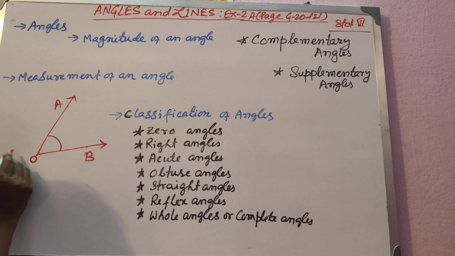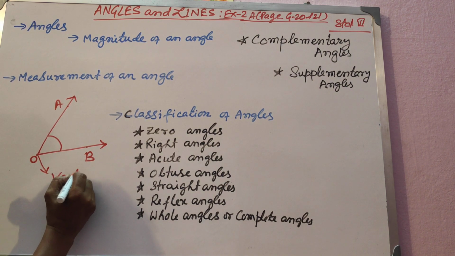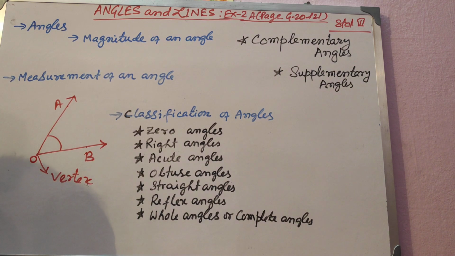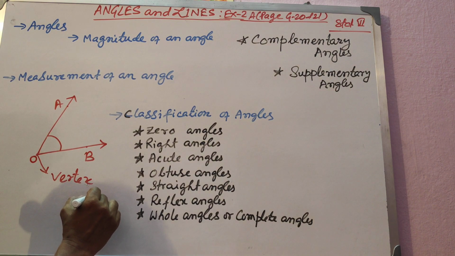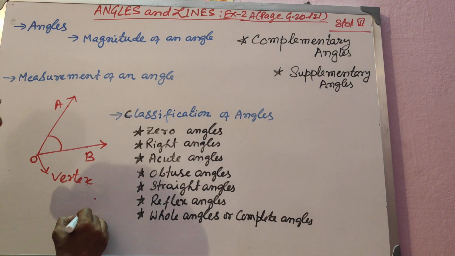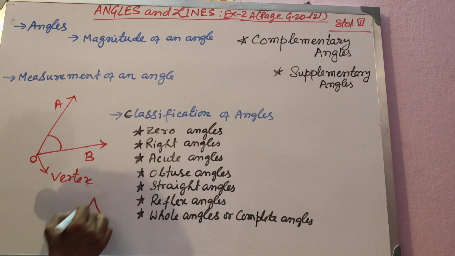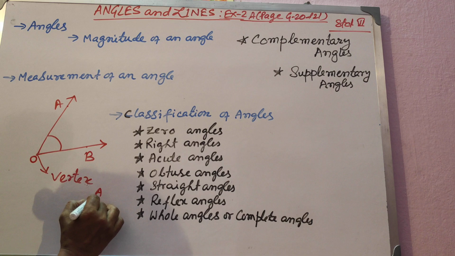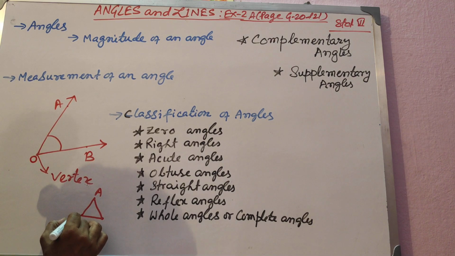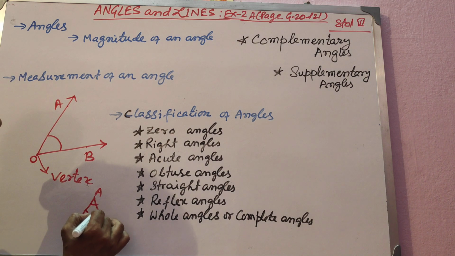This particular point where they are meeting is called the vertex. Suppose, I have told you, the first conception of geometry is the point. When three points A, B and C are meeting, you can find three angles, angle 1, angle 2 and angle 3.